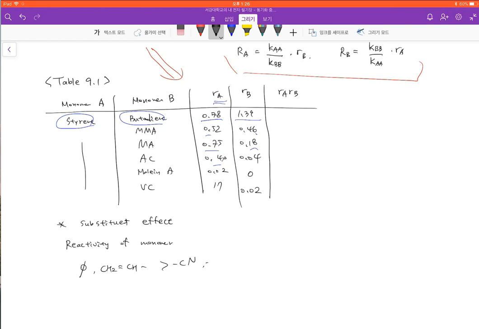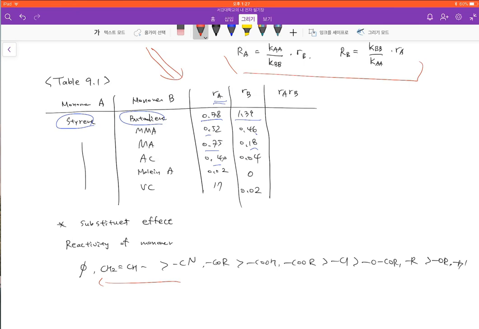Okay, so if you recall, substituents such as phenyl group, vinyl group, cyanide, alkoxy, carboxylic acid, ester.